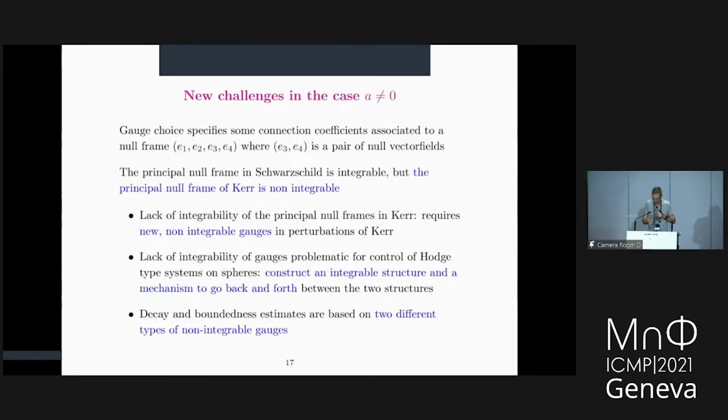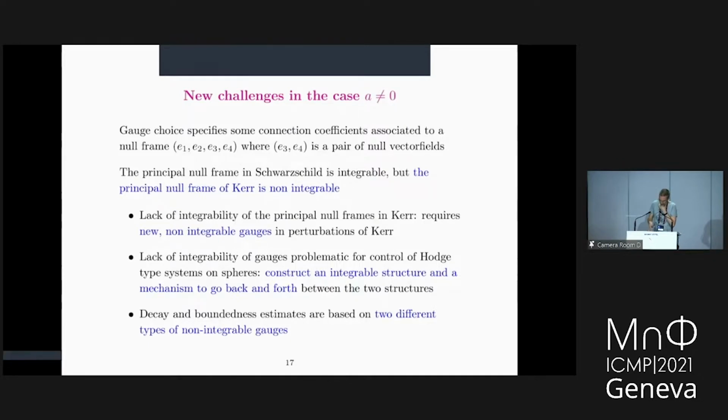So here, this null frame should not converge to any null frame, because of course there are infinitely many. It should converge to the special null frames that you prefer in Kerr and Schwarzschild, and that's the principal null frame. So why do you like this frame? Simply because it turns out that it diagonalizes curvature in Kerr and Schwarzschild, so it's a very important frame.